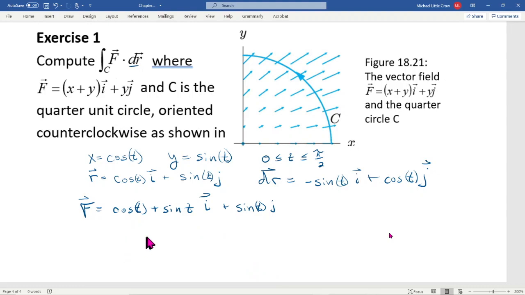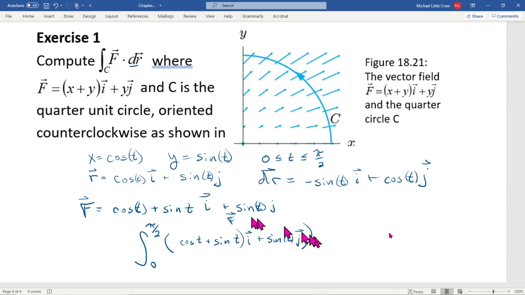And so we're going to be asked to compute over this curve, and since we've got the parameter of t, we're going from 0 to pi over 2. The vector field that's been parameterized, so cosine t plus sine t, i, plus sine t j, that's the F vector, right?